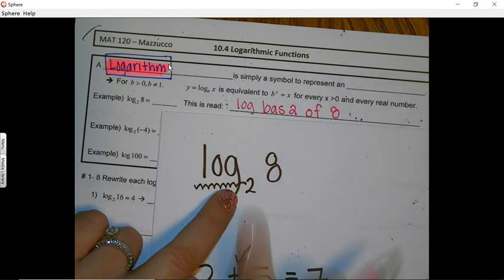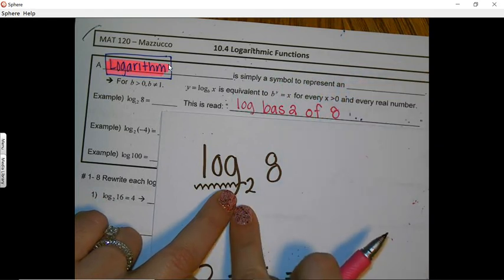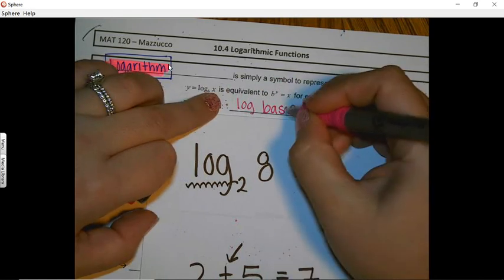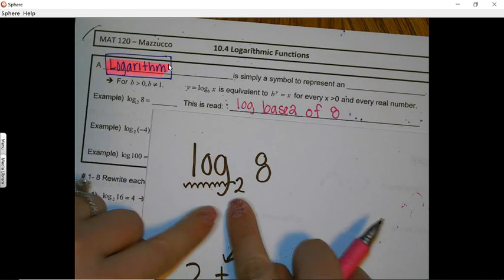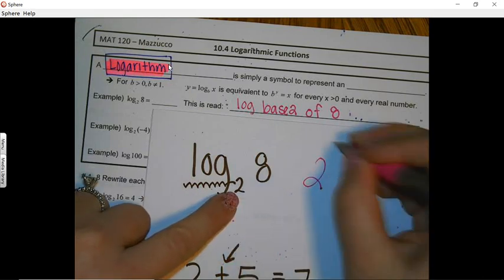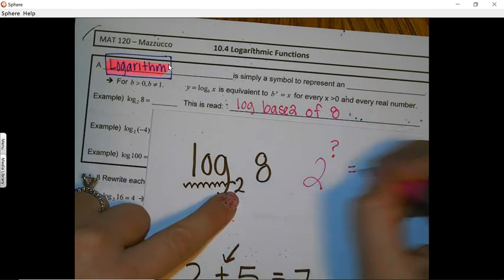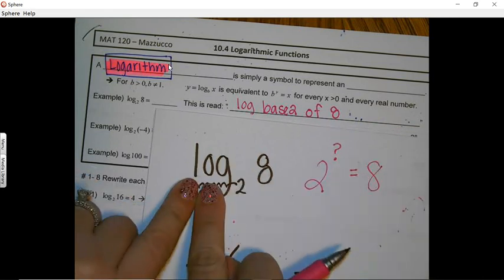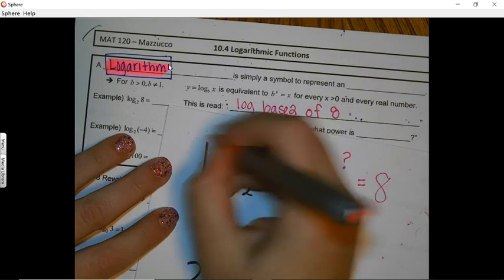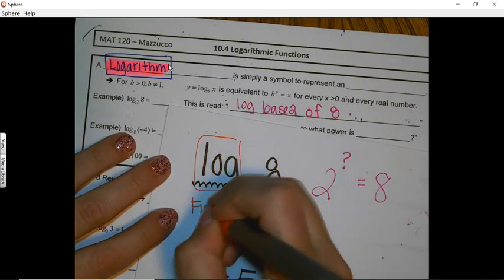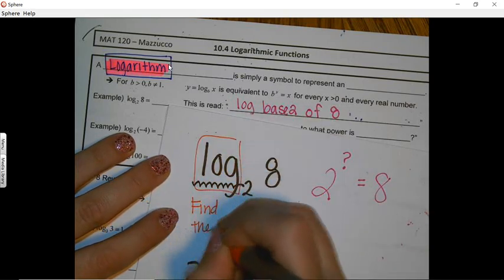That's how this is read. So it says log base 2. So this is saying 2 to what power is 8? That's what log represents. It means find the exponent.